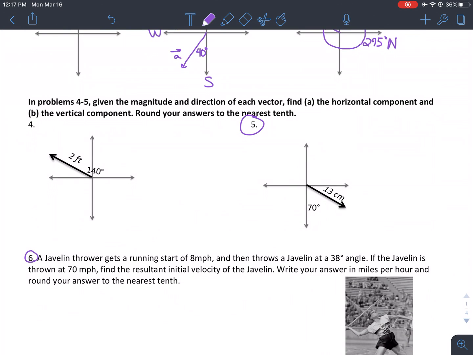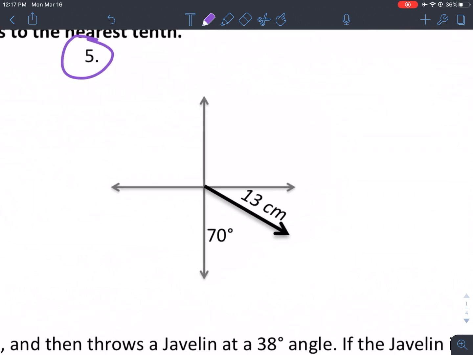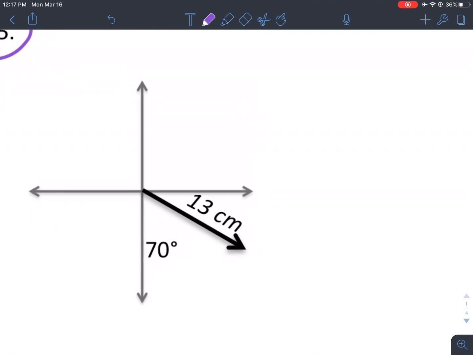Number 5, given the magnitude and direction of each vector, find the horizontal and vertical components. This is going to require us to use sine and cosine. Now in this particular vector, we have a right triangle that you make with the horizontal axis.